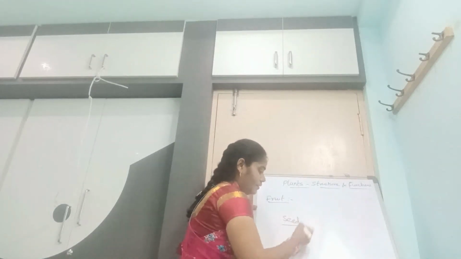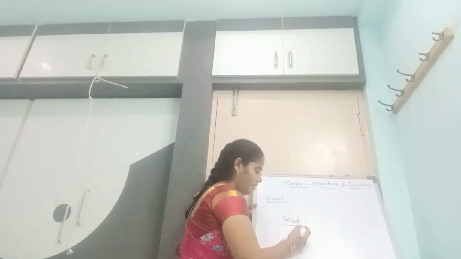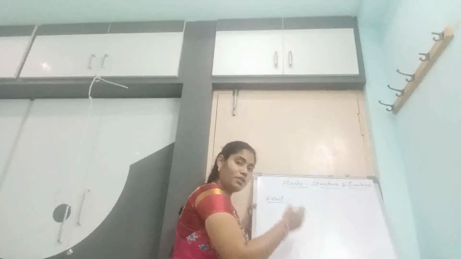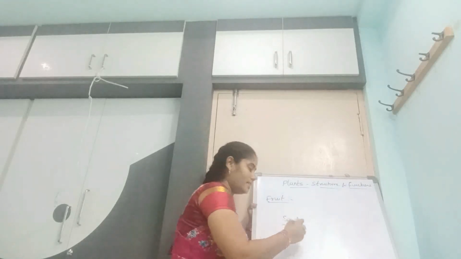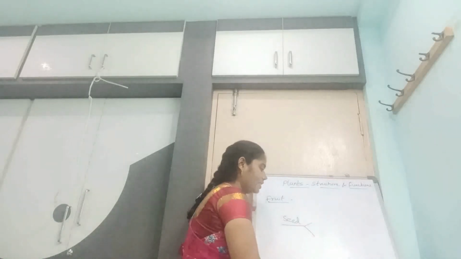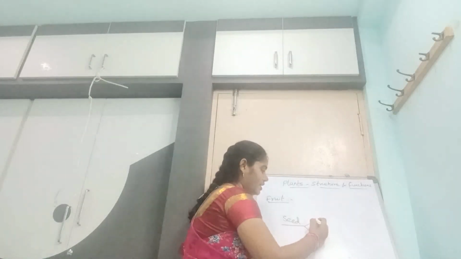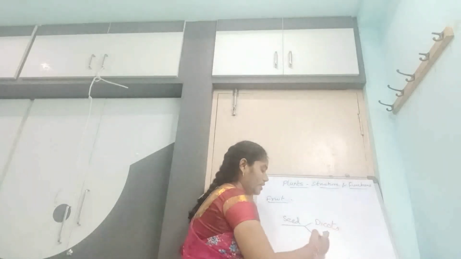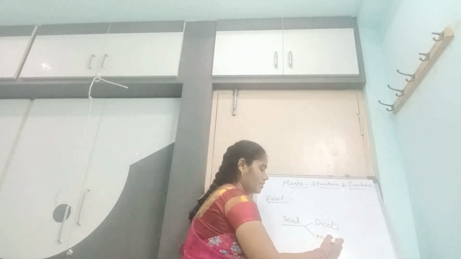Okay, so the seed inside the fruit is again of two types based on the cotyledons present in it. The cotyledons present inside the seed are different for different plants. Based on that, seeds are divided into dicots and monocots.